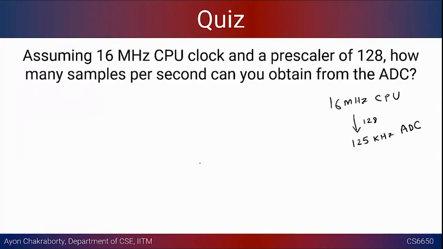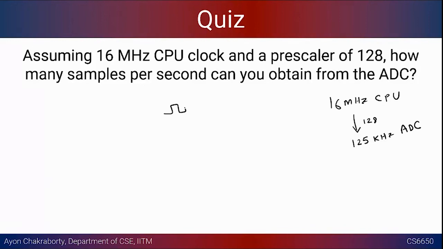So then again we will divide by 13. No, 13 is not a fixed number. Yeah, 13 is fixed. I'm talking about this 10-bit ADC only here, I should have mentioned. In this case, this is 13, right?